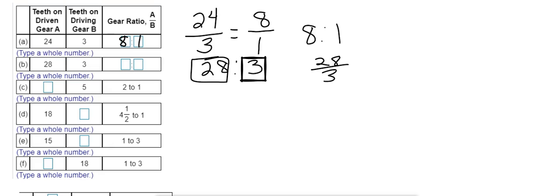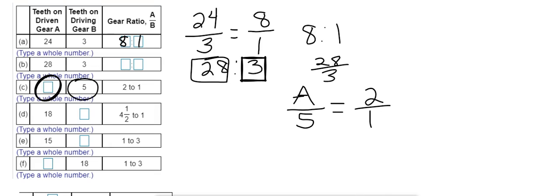For part C, we do not know the numerator, so we're going to set up a proportion so we can solve it. X, or we could call that A, to 5 is the same as 2 to 1.